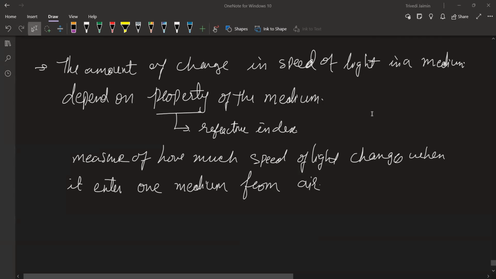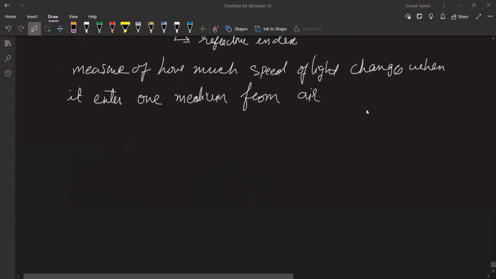Okay. Next is absolute refractive index.